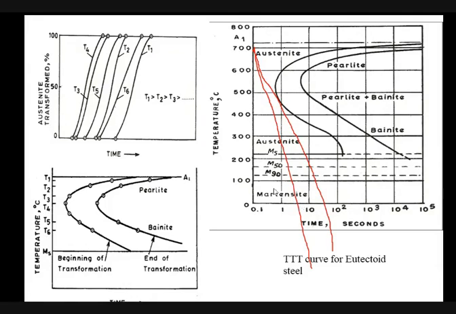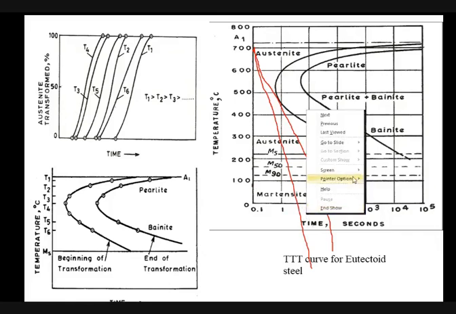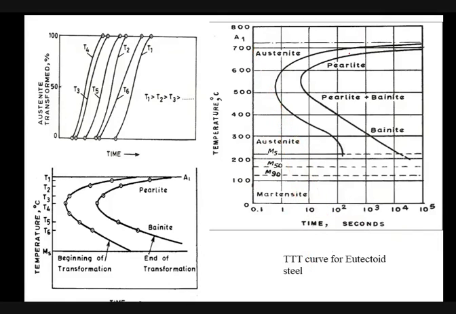But in case of hypoeutectoid steel, you will not get this kind of diagram. In case of hypoeutectoid steel, this is our loop. You can see here that the nose of the C curve is actually on the negative side of the time axis, or it crosses the y-axis.